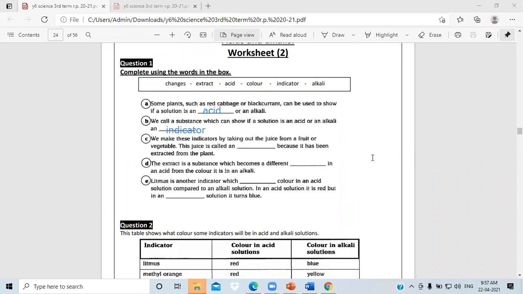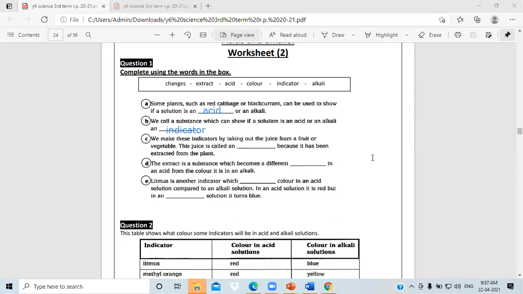Question C. We make these indicators by taking out the juice from a fruit or vegetable. This juice is called an what? Because it has been extracted from the plant. Look at the box and choose the word. It's already written in the statement.